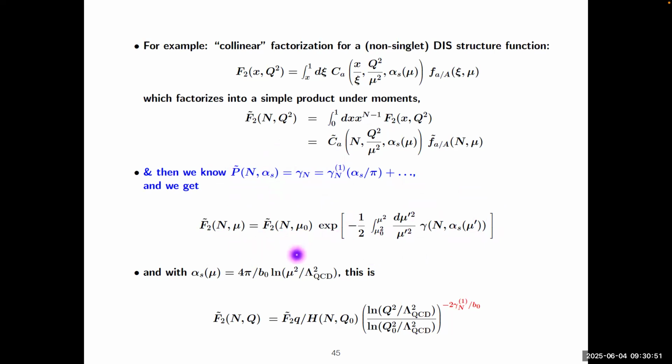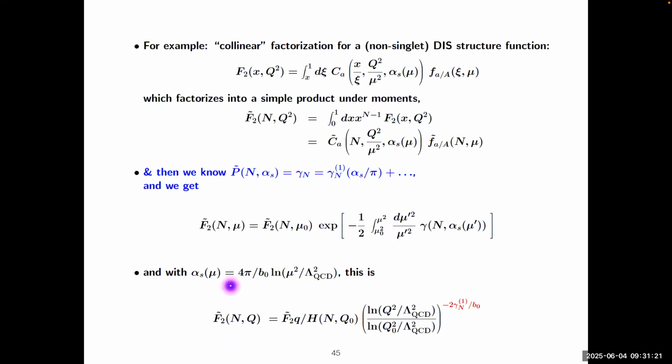And so these moments of the structure functions can be written as just integrals again, where over the integration range, the coupling here varies with the integration variable. And again, here's the same issue: you go to too low of momentum, you try to make a mu naught too small, then your alpha s starts to do funny things as you get to the lower limit of integration, and you can't trust the fixed order result.